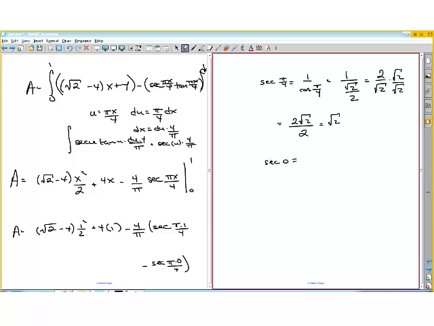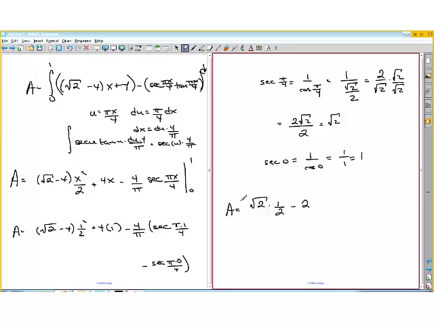The secant of 0 is equal to 1 over the cosine of 0, which is equal to 1 over 1, which is 1. And here we get 1, so let's plug all this stuff back in. We get the square root of 2 over 2 times 1/2. And then we have negative 4 times 1/2, so that becomes negative 2.